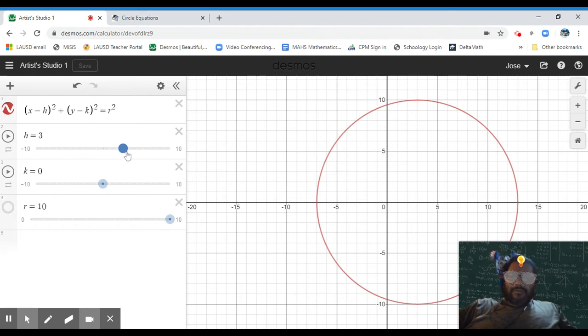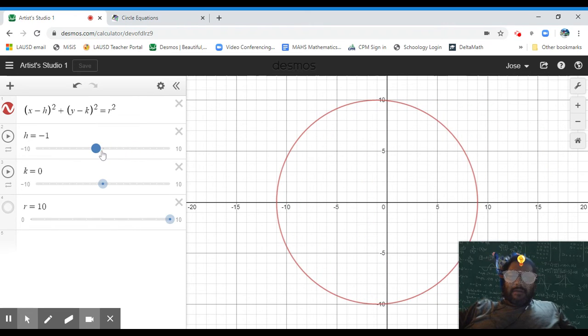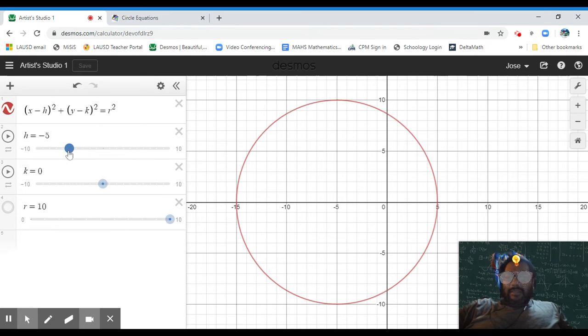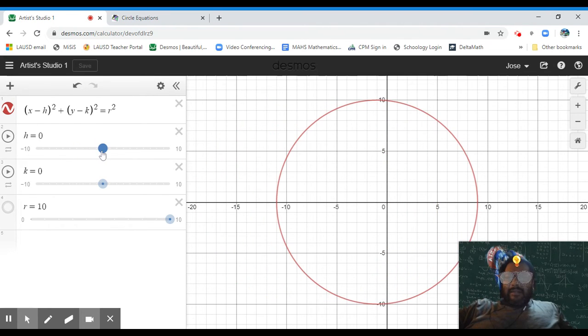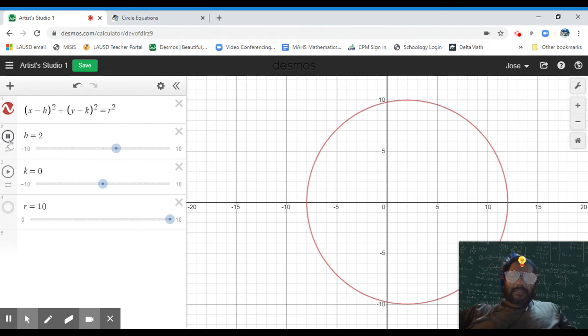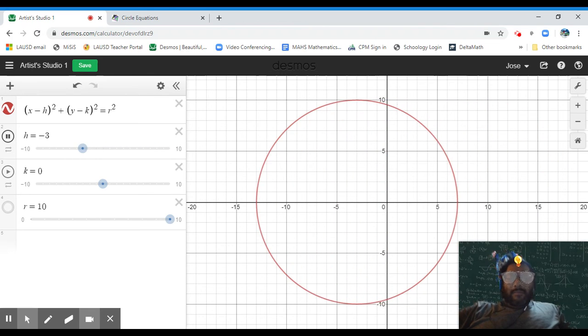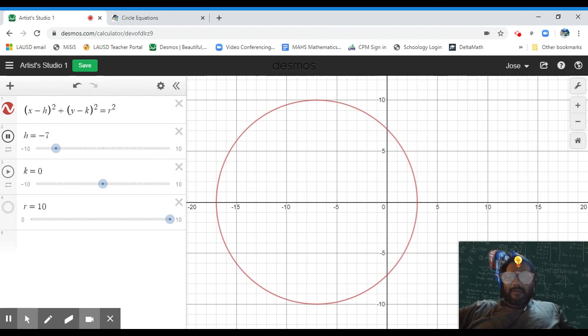If I make it 2, 3, 4, 5, 6, or any of these other numbers, it moves to the right, right? If I go the opposite way, negative, where is it going? It's going to the left, right? So h indicates what happens to the circle: moving to the right if it's positive and going left if it's negative.